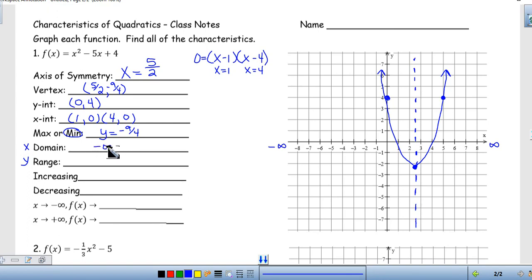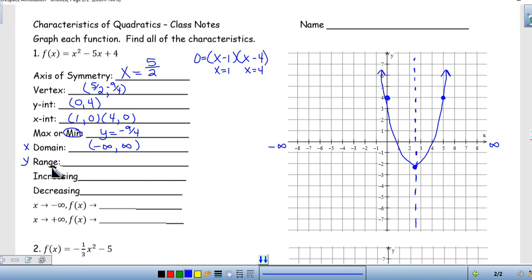So we'll write down negative infinity. Same thing on the right-hand side. It is going up and right forever. So how far right? Positive infinity. In interval notation, you have to choose between a parentheses or a bracket. Infinity always gets parentheses because it continues on forever. It does not stop.